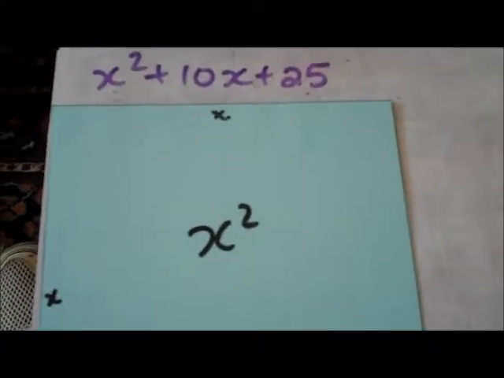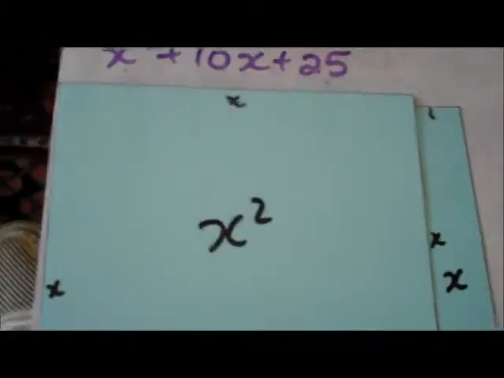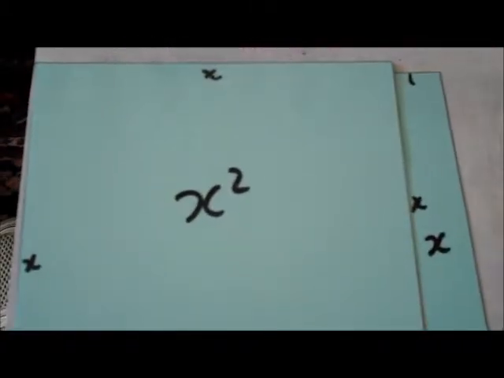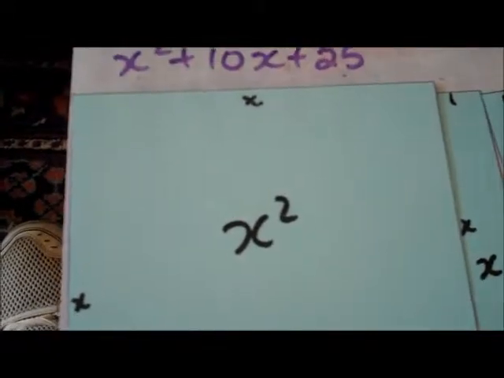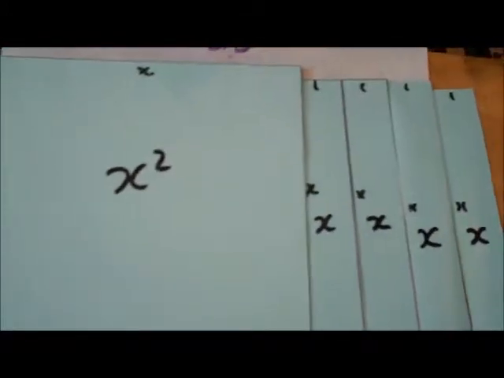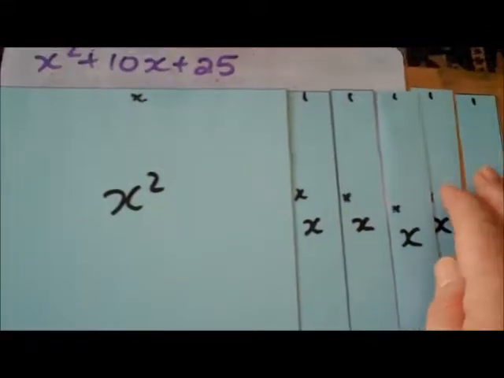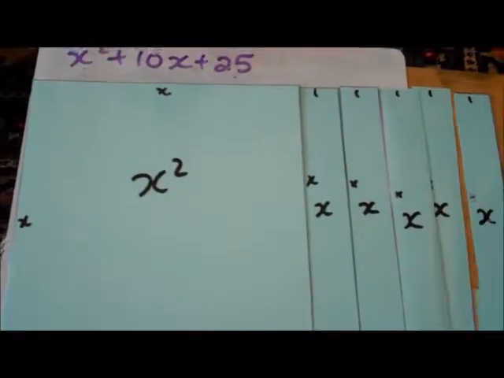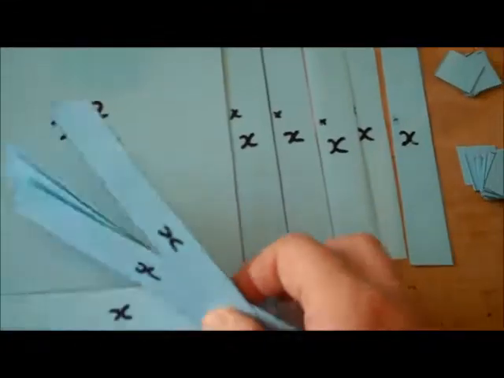So if I've got to share out 10x, 1, 2, it's got to be symmetrical too because it's a square, yeah? 1, 2, 3, 4, 5. And down the bottom, I also need to have 5 because I've got 10 altogether.